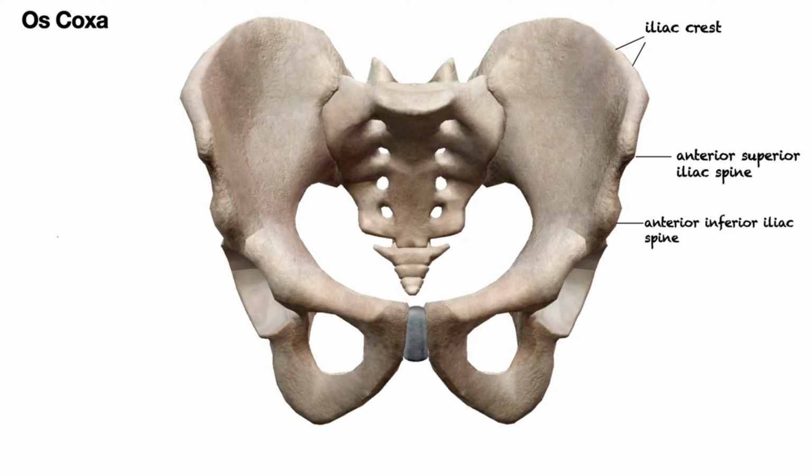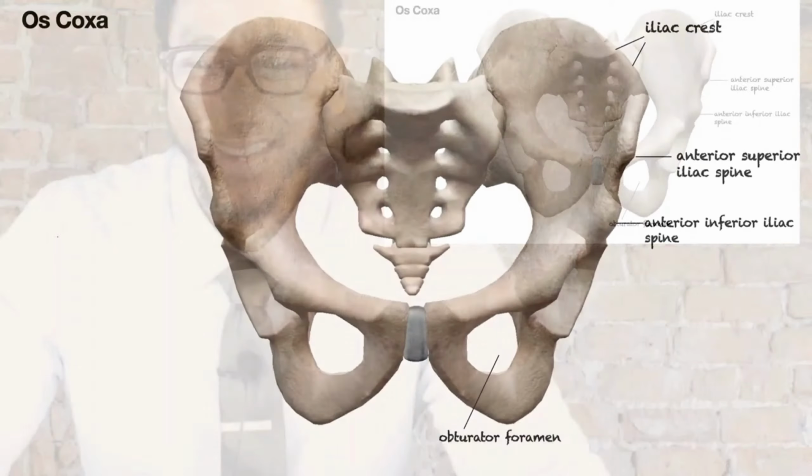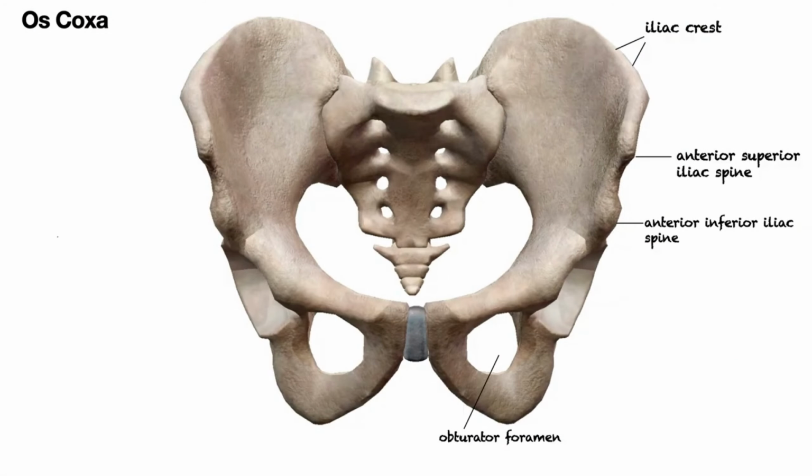Let's keep moving. How about here? This hole here, this space. What do we call this? That's right, obturator foramen. Good.